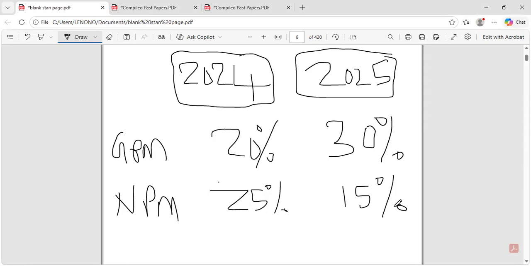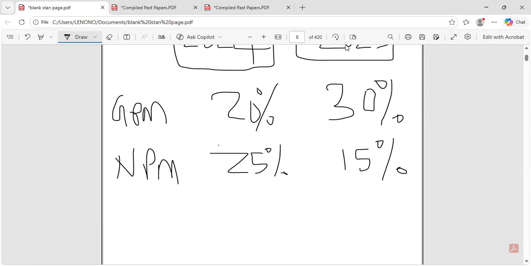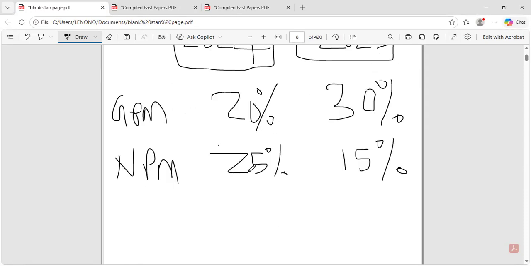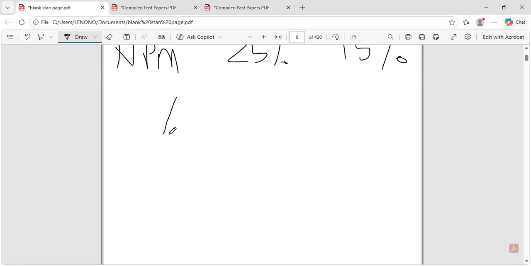So you can see that in terms of GPM, there's a reduction in terms of profit making, right? Yeah. So let's look now at the other ratio, which is liquidity.